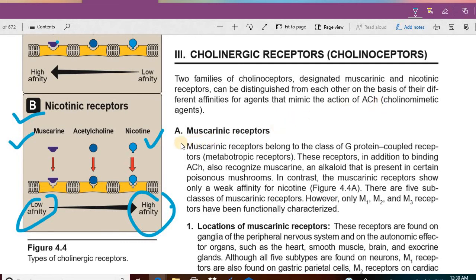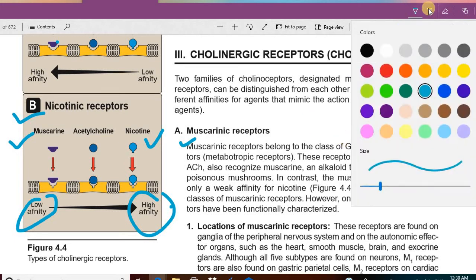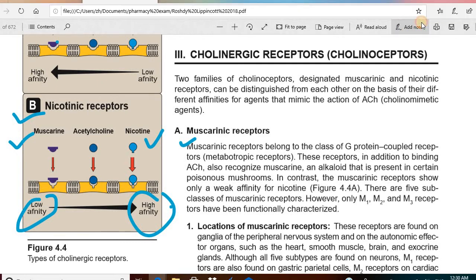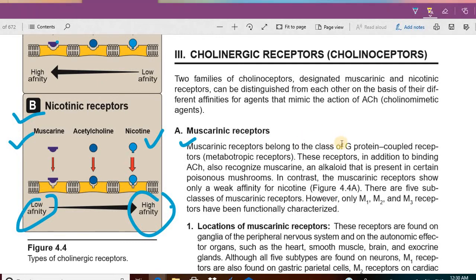So muscarinic receptors belong to the class of G-protein coupled receptors. So this is an example of the G-protein coupled receptors, जिसको आप मेटाबोट्रोपिक रिसेप्टर भी कहते हैं. तो अगर आपसे पूछा जाए कि जी प्रोटीन कपल रिसेप्टर्स की कोई एग्जांपल दें तो आप मस्करीन रिसेप्टर्स की एग्जांपल दे सकते हो.